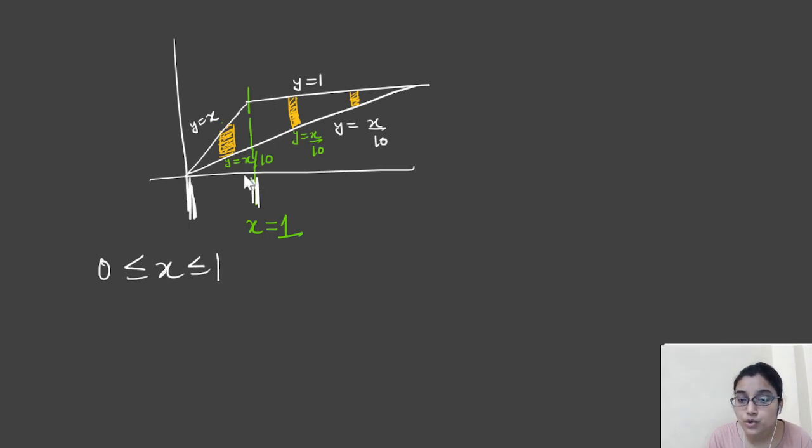In this region, if I draw the strip anywhere, you see the limit of y is from where to where? From x by 10, going from bottom to top, to y equals x.